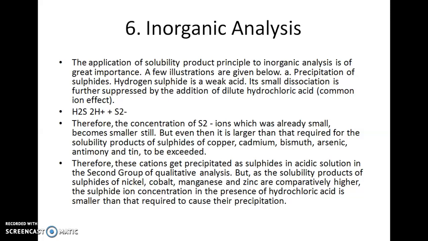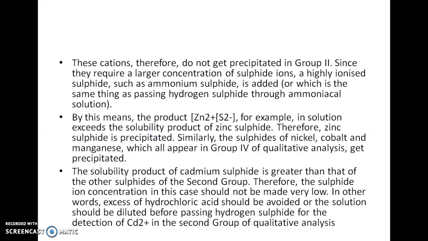The solubility products of sulfides of nickel, cobalt, manganese, zinc are comparatively higher. The sulfide ion concentration in presence of hydrochloric acid is smaller than that required to cause their precipitation. These cations do not get precipitated in group 2. Hence, since they require a large concentration of sulfide ions, a highly ionized sulfide such as ammonium sulfide is added.